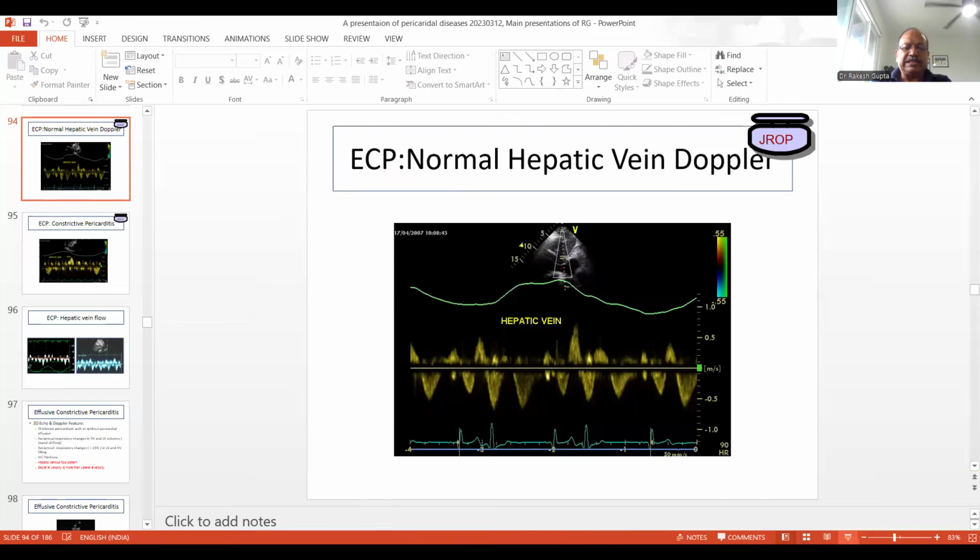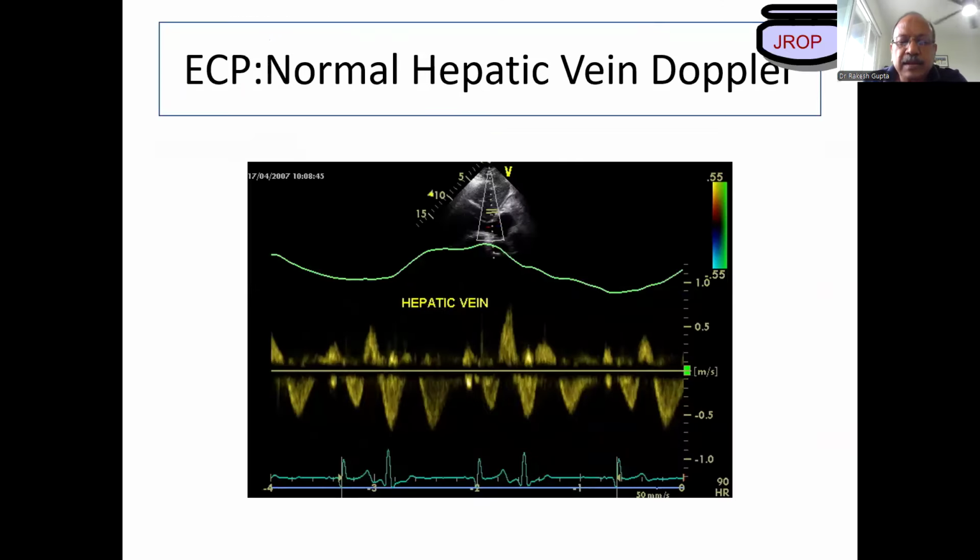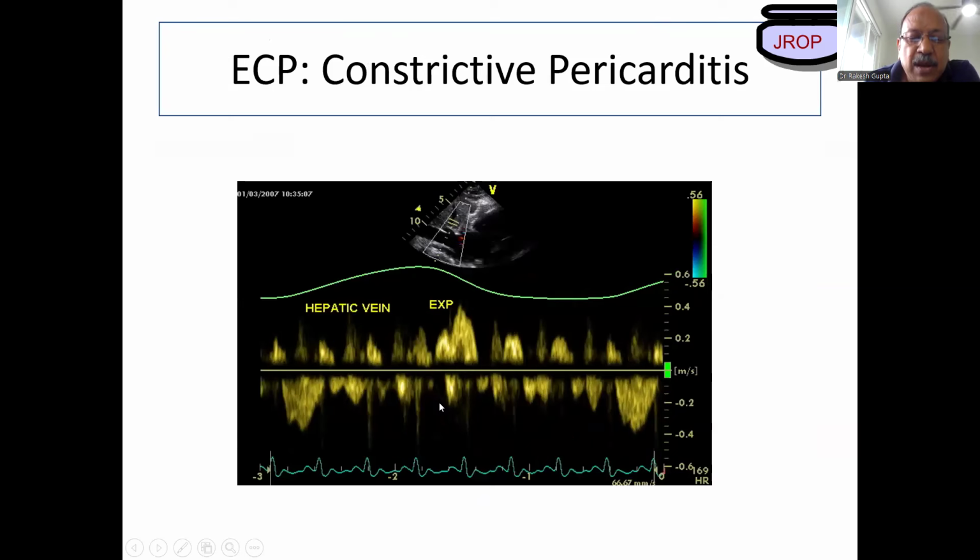Now look at my slides. Whether it is systole or diastole, the flow is happening from the hepatic vein to the IVC. Correct. Now, this is the respirogram. This is inspiration. This is expiration.